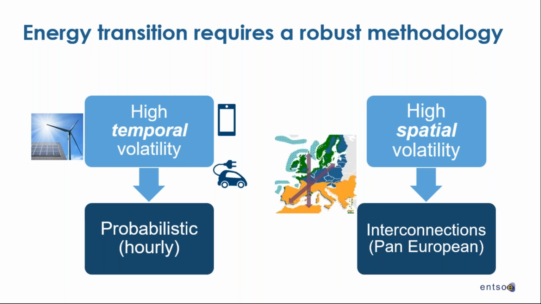The second is also the spatial volatility. So the wind can blow in one place and then later on in another place. It's increasing also with the sun. It's not exactly the same at the same place.